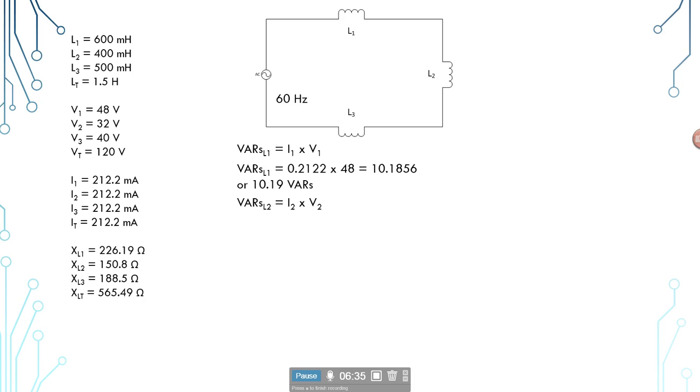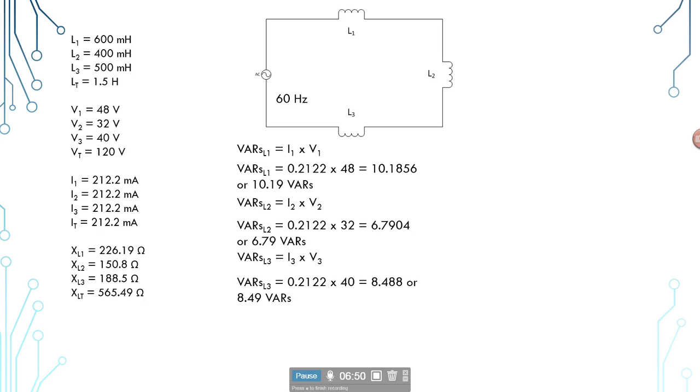VARs sub L2 is equal to I sub 2 times V sub 2, which will give us 6.79 VARs at that second inductor. And VARs sub L3 will be equal to I sub 3 times V sub 3, giving us 8.49 VARs for the third inductor.